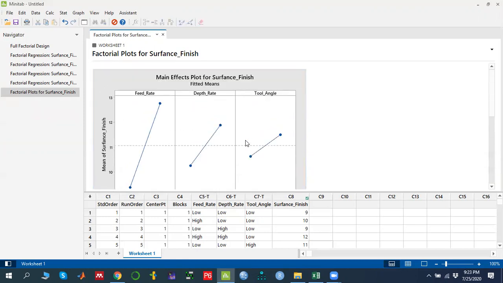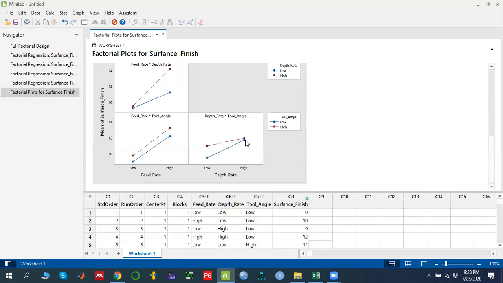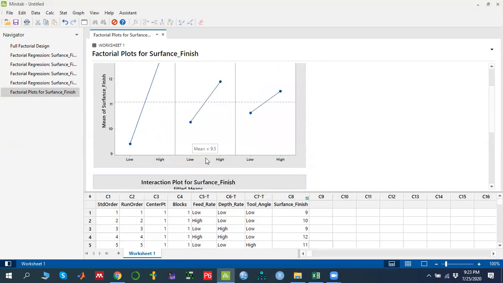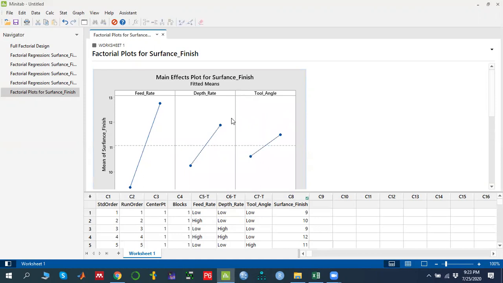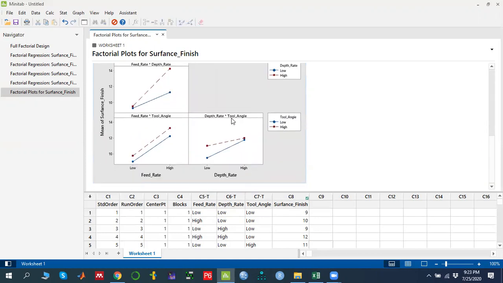But we have seen from the ANOVA result that the interactions are not significant. So these are just the descriptive, graphical representation of interaction as well as main effect. It's good practice to report them, but you have to rely on the results of the ANOVA or the coded coefficients table.